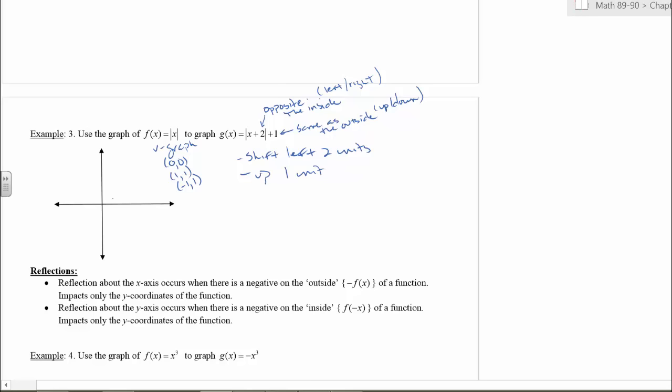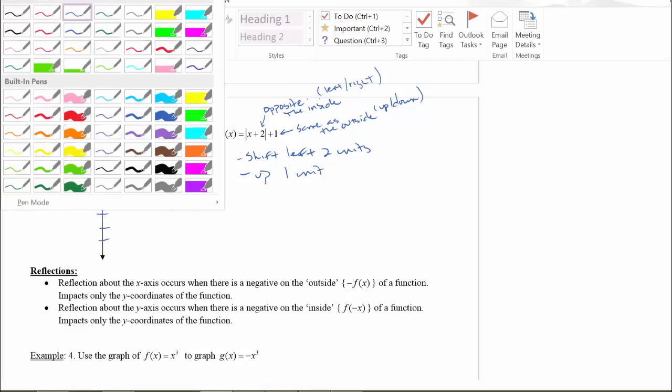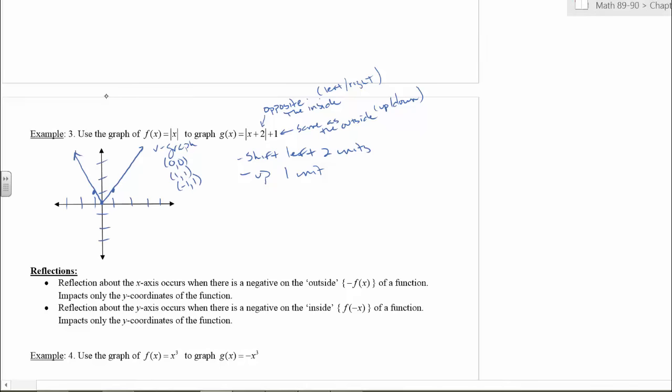So let me draw the original graph, 1, 2, 3. And we have 0, 0, 1, 1, negative 1, 1, and then we have this nice V-graph. I'm going to do this in 2 steps because I think that's helpful. The first thing I'm going to do is the first transformation, which is shift left 2 units.